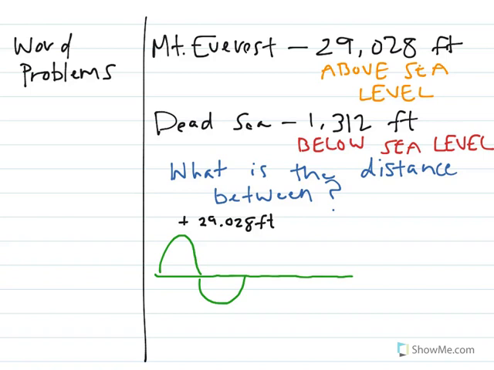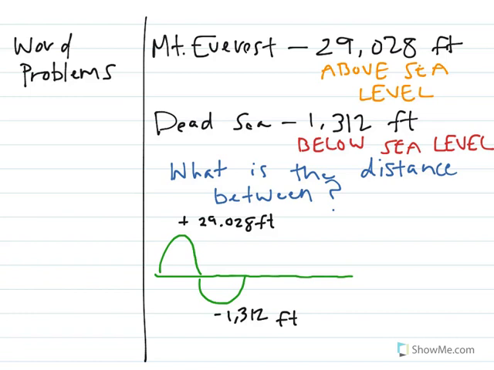And since we're below sea level with the Dead Sea, it must be negative 1,312 feet. So we want to figure out what the distance between these two things is.